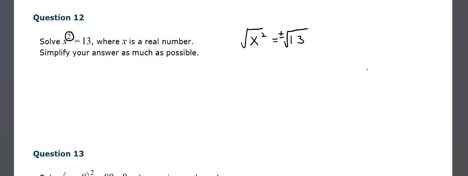So on the left hand side, the square root of x squared is x, and on the right hand side there are no perfect square factors of 13, so our two answers would be positive square root of 13 and the opposite or negative square root of 13 for our two solutions.